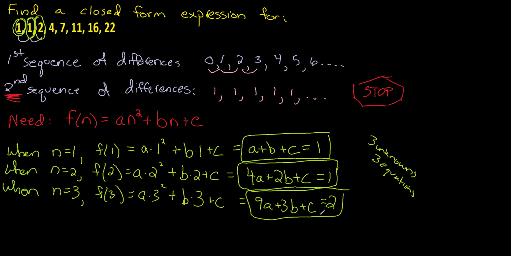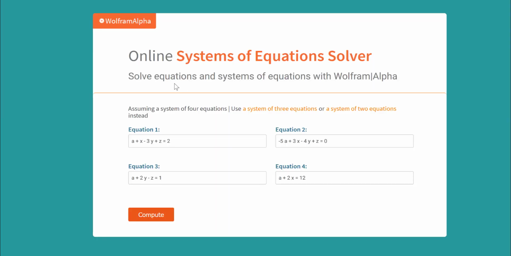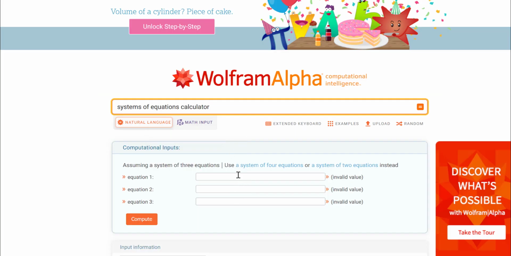So you can fast forward those calculations by going to an online equation solver. I like the Wolfram Alpha Online Systems of Equations Solver. I'm going to clear out what's going on here and type in my own system. Now see, we've got 4 equations. I don't need that. I only need 3 equations. Okay, here we go.